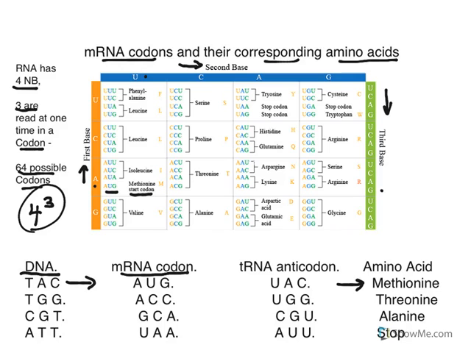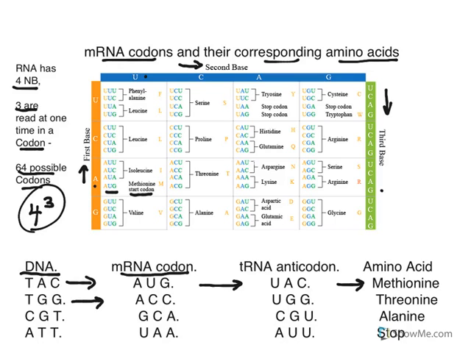Now, what transfer RNA would be bringing methionine? What would be complementary to AUG? It would be UAC. And that's the tRNA that would bring methionine into the position where the AUG was found on the mRNA. If the DNA said TGG, what would be transcribed from that?